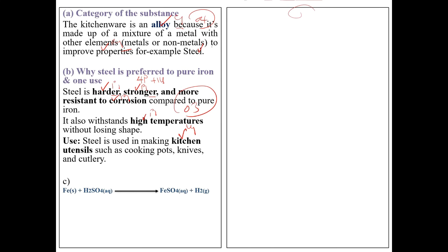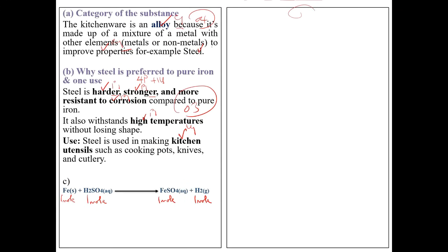Now there's one thing that we have, the equation that iron reacts with sulfuric acid to produce. I believe we learned how to interpret equations. So which means here we can say that 1 mole of iron reacted with 1 mole of sulfuric acid to produce 1 mole of iron sulfate and 1 mole of hydrogen.